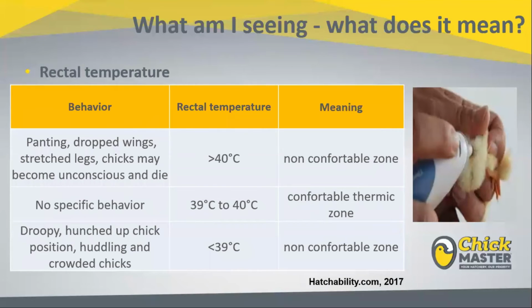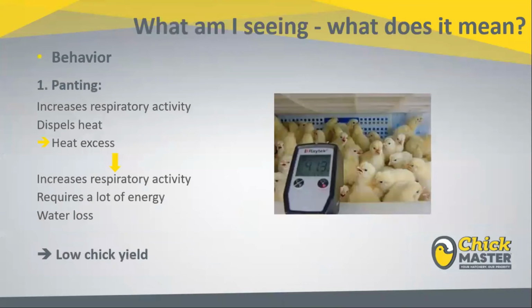If we have droopy, hunched up chicks and crowded chicks, most probably our chicks are also out of their comfortable zone and their rectal temperature is lower than 39 degrees Celsius.